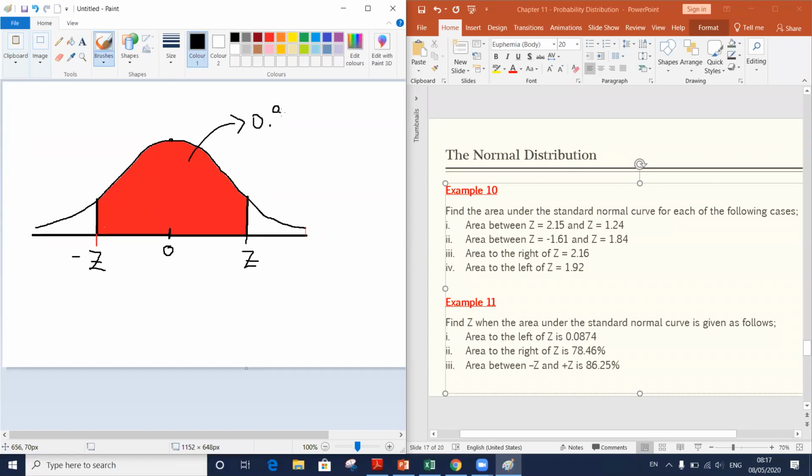Then how can we find these relevant z values? Can we find it directly in one go?